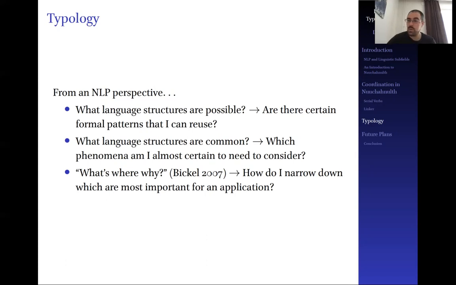And the what's where why question can tell me how do I narrow down which linguistic structures are most important for an application? So if I'm working on something for a multilingual context in Southeast Asia, if I know that a linguistic phenomenon is typical to Europe and not really typical outside of Europe, then I might not need to worry about it so much.